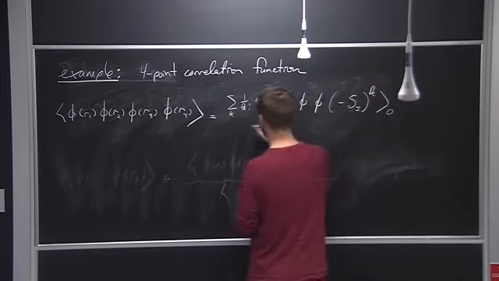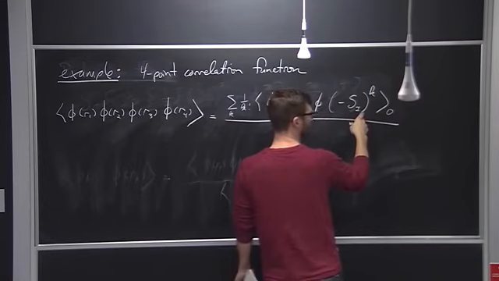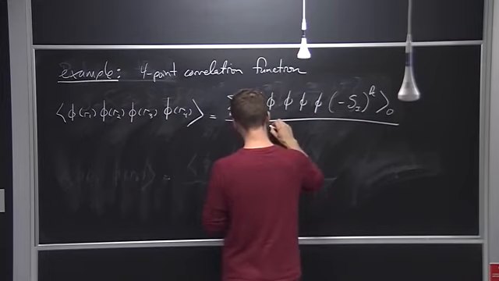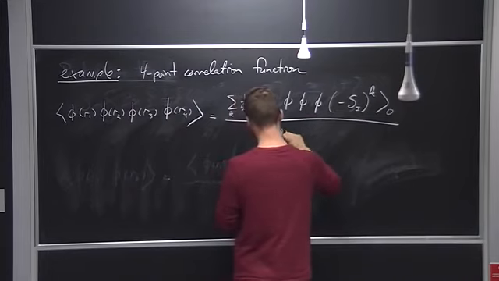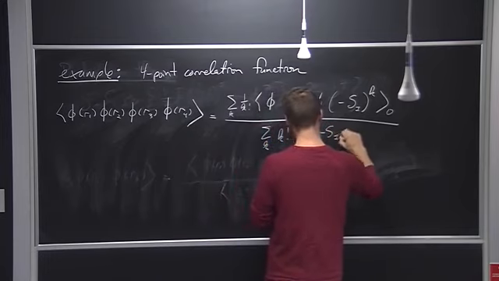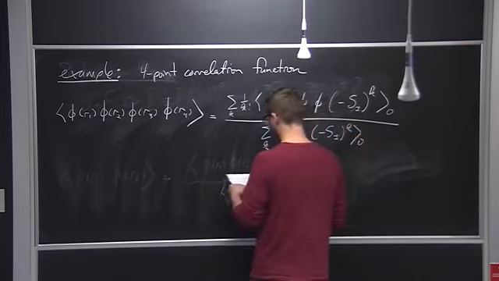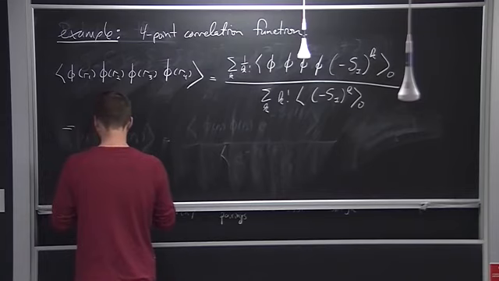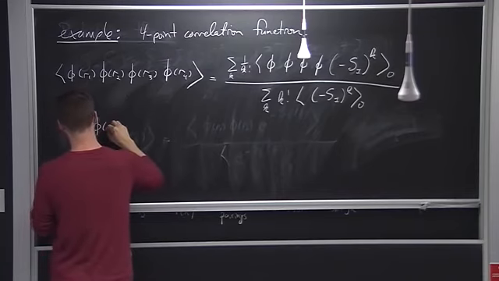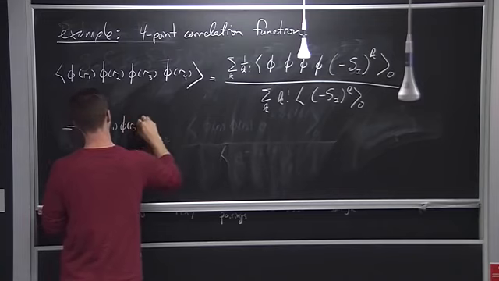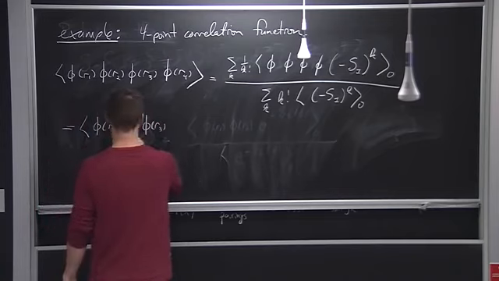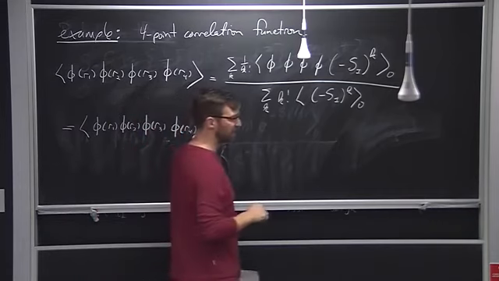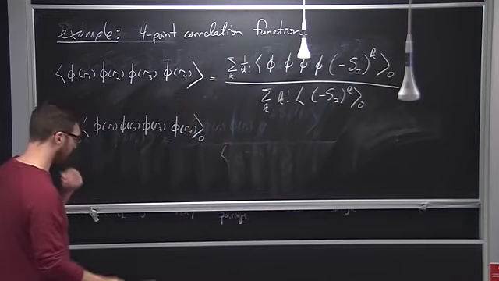In a perturbation theory that comes from expanding the exponential associated with the interacting part of the Hamiltonian, the first order, or the 0th order in K, I guess, you just get the Gaussian expectation value of the 4 fields.